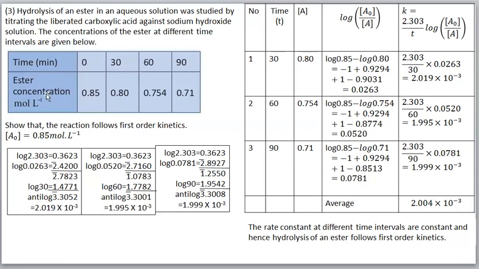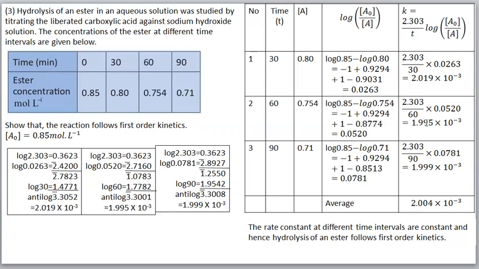Then you see here, the question is: show that the reaction follows first order kinetics. For that, how to answer? You see the rate constant values obtained for the three readings: 2.0019 in 10 to the power minus 3, 1.995. It is very close to this value.